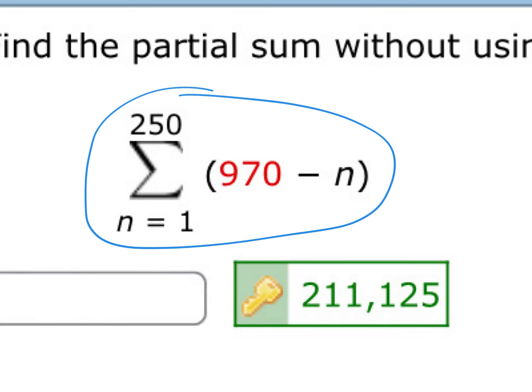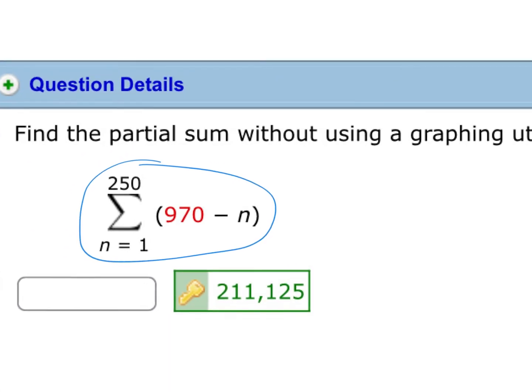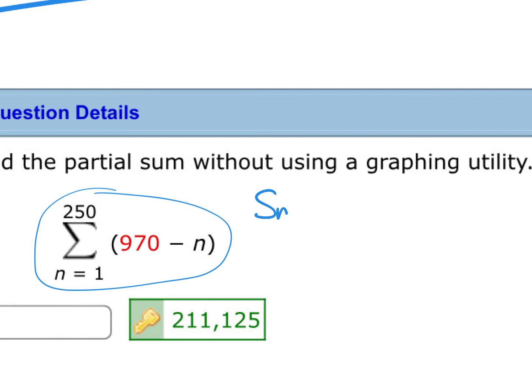Again, that would take forever, right? So this is the same exact question as the first one we did, where they gave us the numbers and I could see what I'm doing. If I'm going to find the sum, this is the formula that I have to use. First term, last term. In this case, my last term is the 250th term, right?